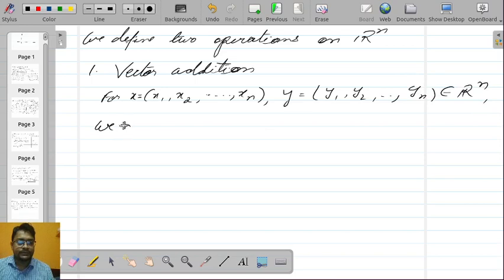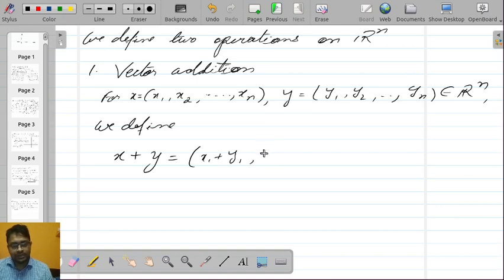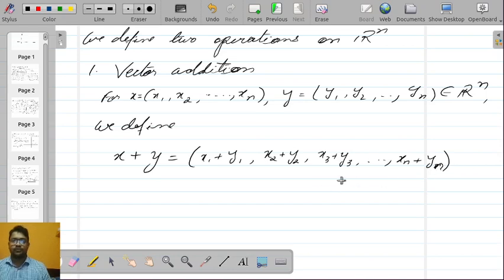We define x plus y as (x1 plus y1, x2 plus y2, x3 plus y3, up to xn plus yn). So just coordinate-wise we add them. It's the natural way of adding. So that's how we define vector addition. x plus y is just the component-wise or coordinate-wise sum of these 2 points, right?